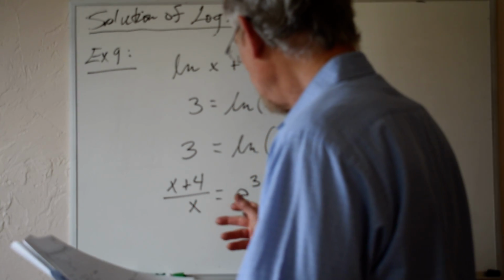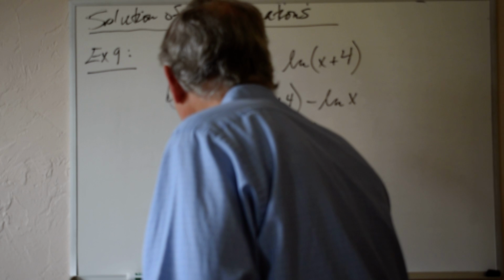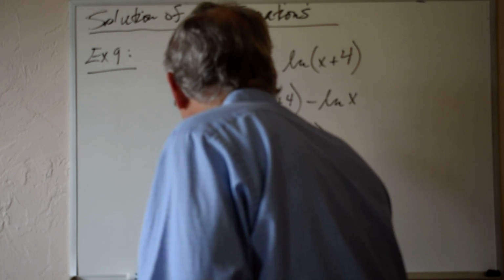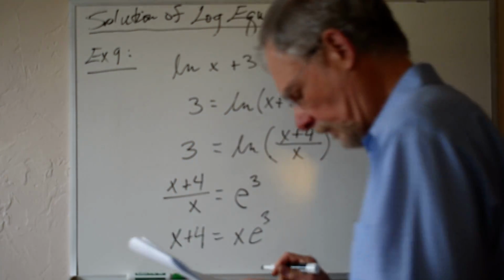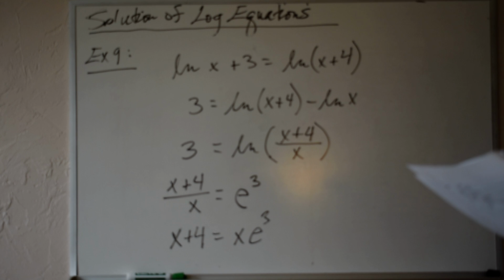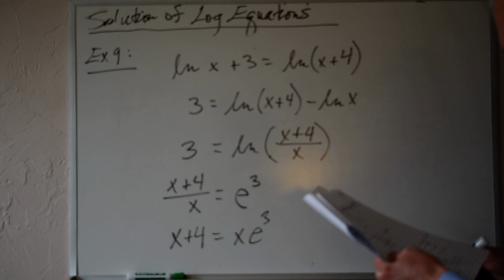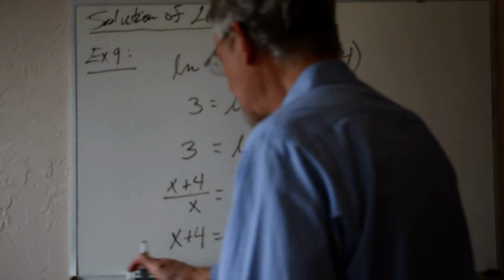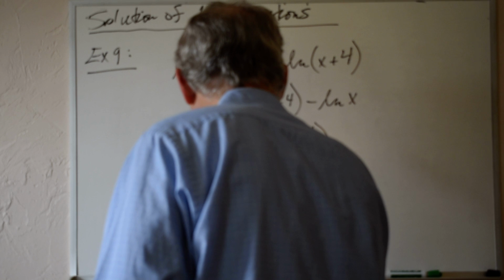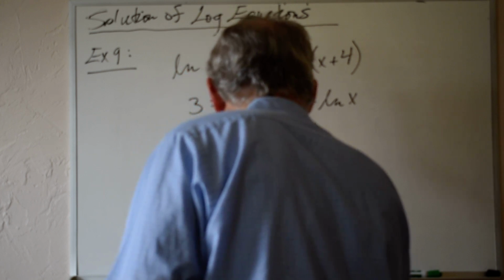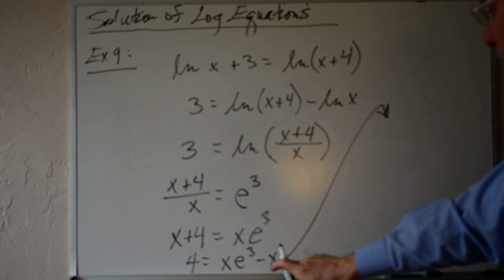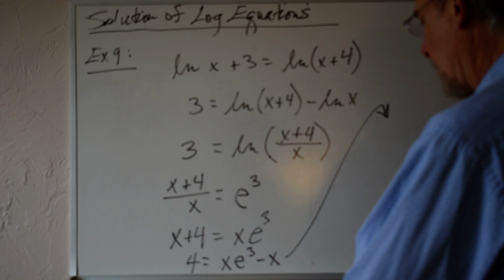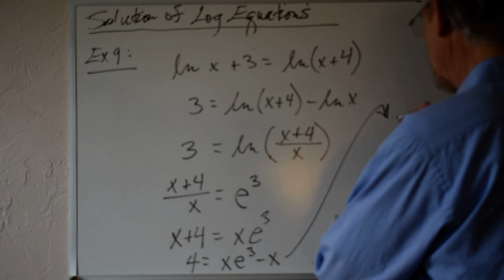And now we just solve in the usual way. I'll multiply each side of the equation by x, and the next good step here would be to subtract x from each side to get x on one side. So I'll get 4 equals x times e cubed minus x. Let's continue up here. All the x's are on the right side. Let me factor out x.